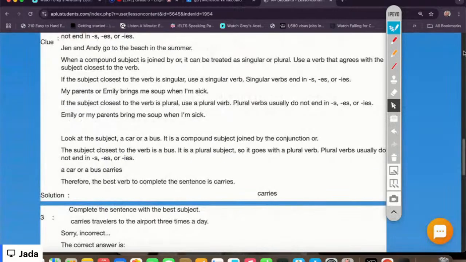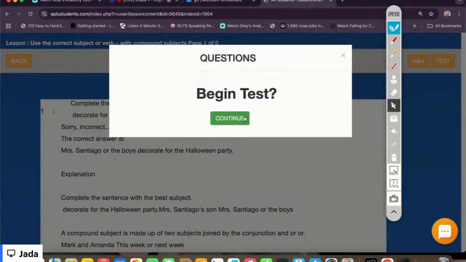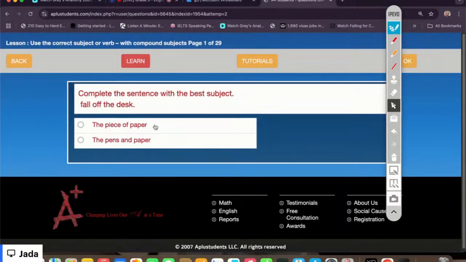Okay, so let's go to the test, show your answers. Complete the sentence with the best subject. Follow up the text.